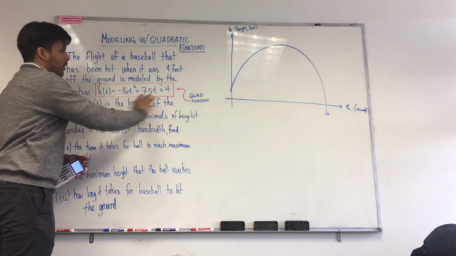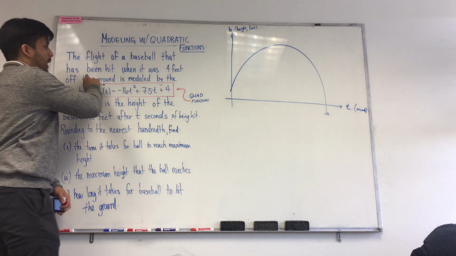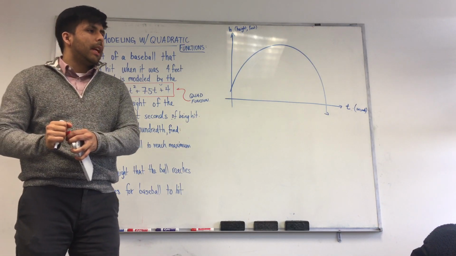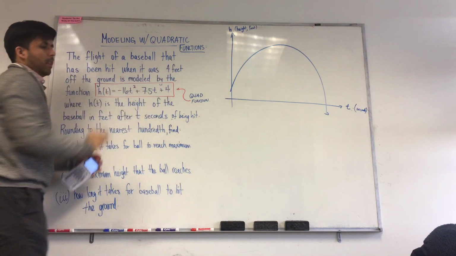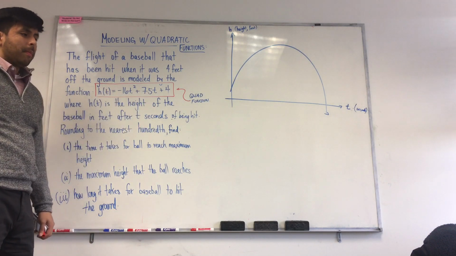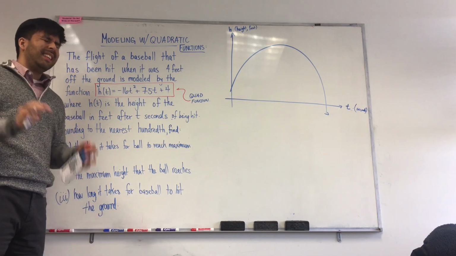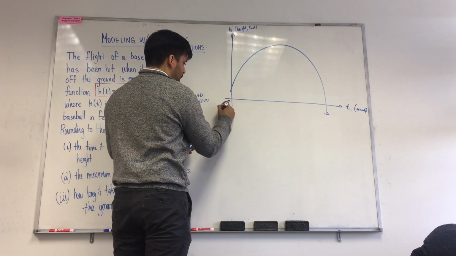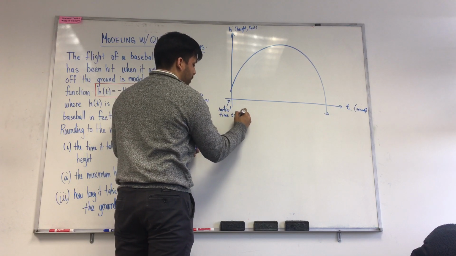Now, if we understand this quadratic a little bit further, it says that it's been hit when it's 4 feet above the ground. How does this correlate with the function that they give us? Well, if I want to find the height at the initial time, that means that my time equals 0.